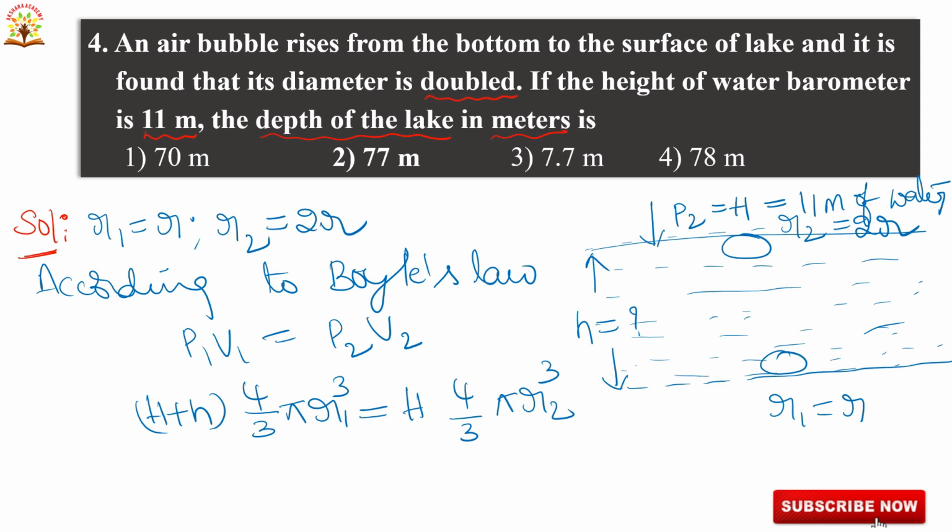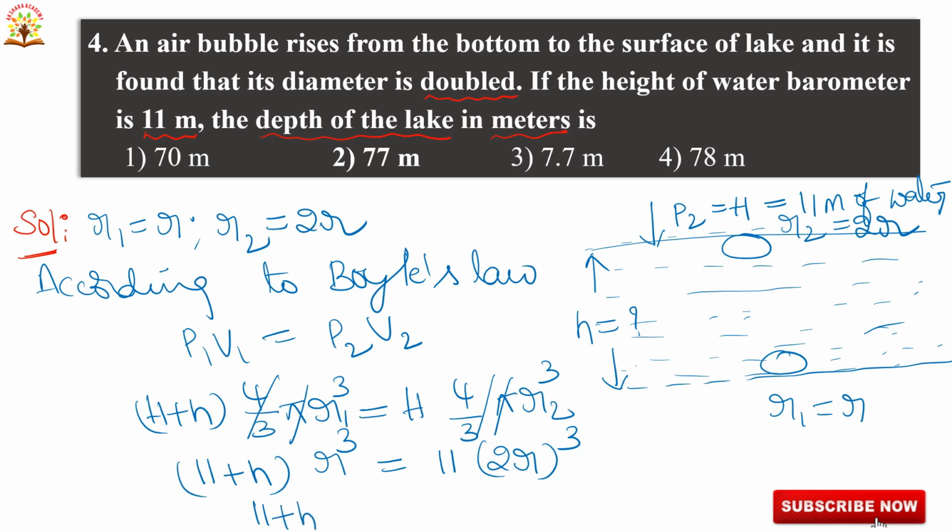Here 4 by 3 pi cancels on both sides. H they gave as 11. So (11 plus h) times R cube, R1 being R and R2 being 2R. Substituting values, we get 11 times (2R) whole cube. So (11 plus h) R cube equals 11 times 8R cube.